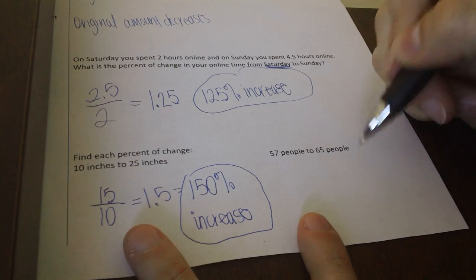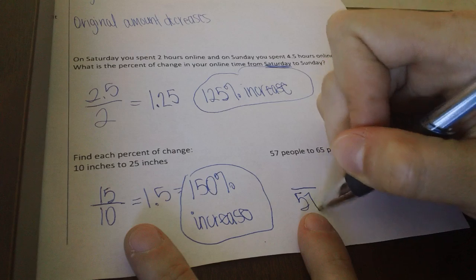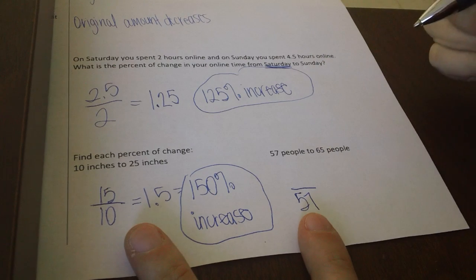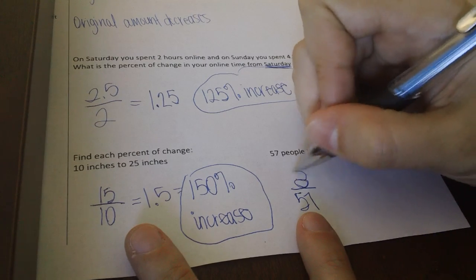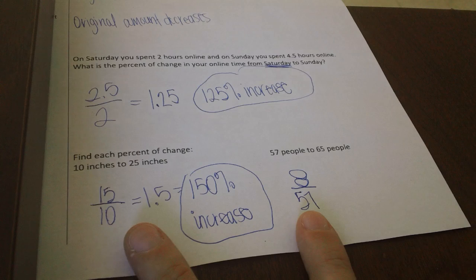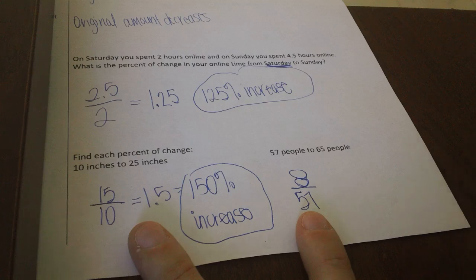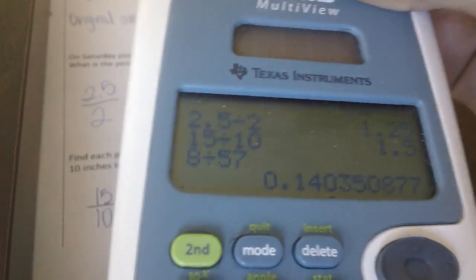Next, 57 people to 65 people. So divide by the original, which is 57. And 57 to 65, the amount of change would be 8 people. And if I do 8 divided by 57, I get 0.140350877.